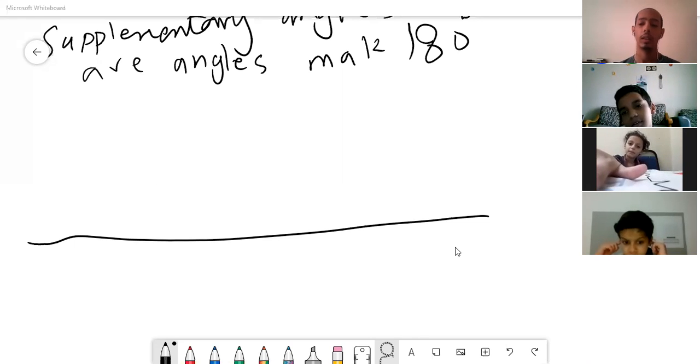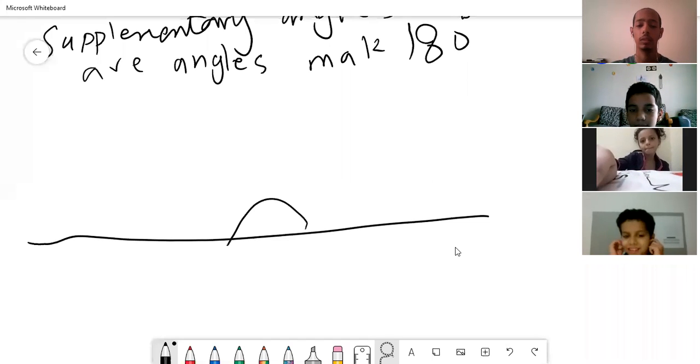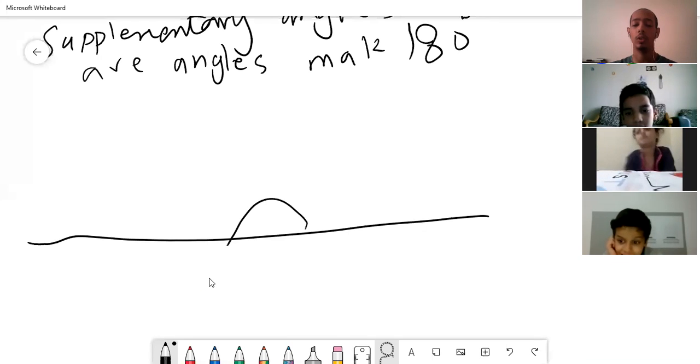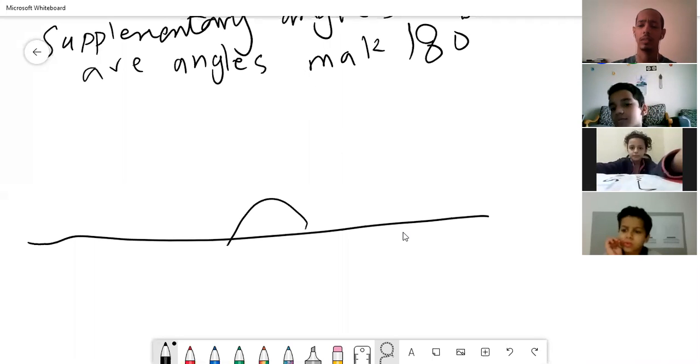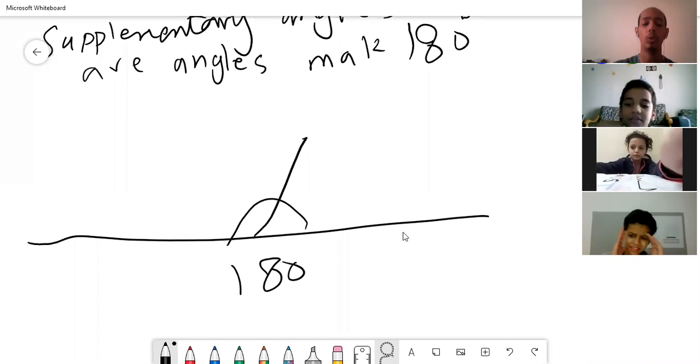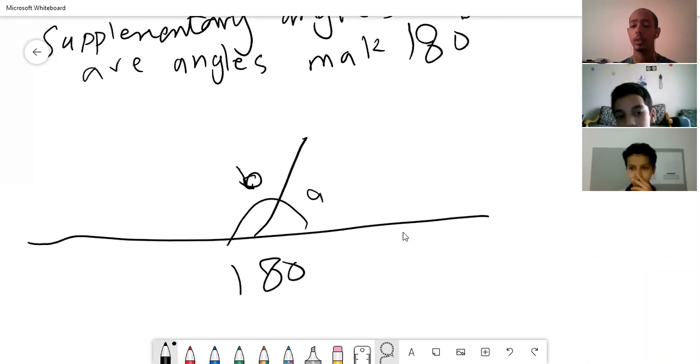This is a straight line. What is the size of the angle? 180. If you divide it into two angles, for example A and B, A plus B is going to be 180.